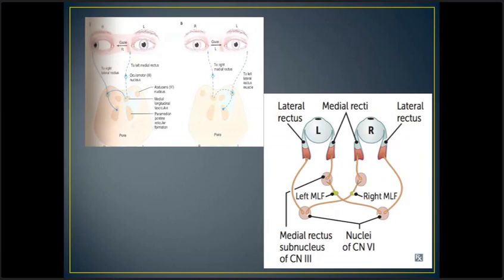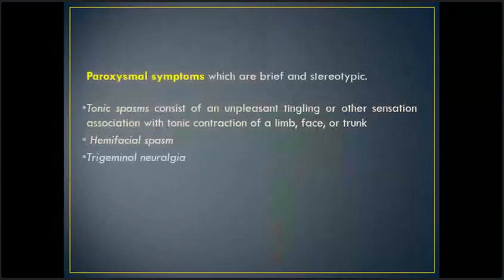There is no pathognomonic, no diagnostic sign, but it gives a hint that this lesion is definitely not vascular, because a vascular lesion affects only one side. The type of lesion that affects both sides at the same time is demyelination. Maybe a tumor did that, but pontine glioma is not as common as multiple sclerosis. So bilateral internuclear ophthalmoplegia gives a hint that the patient has multiple sclerosis.